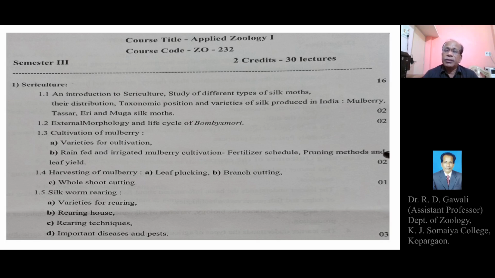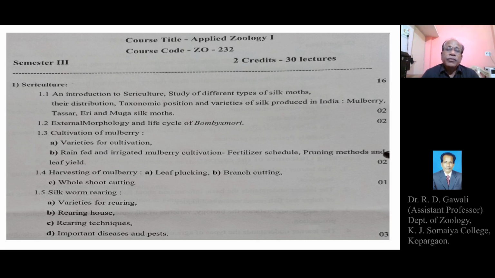Usually 2 to 7 generations can occur in a year, and each generation takes about 2 months for complete growth and harvesting of the cocoons.